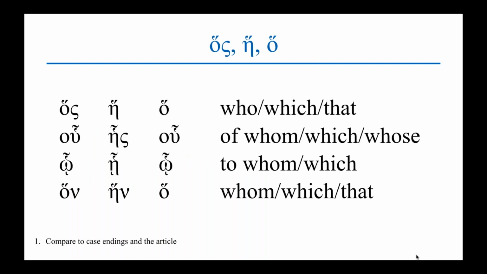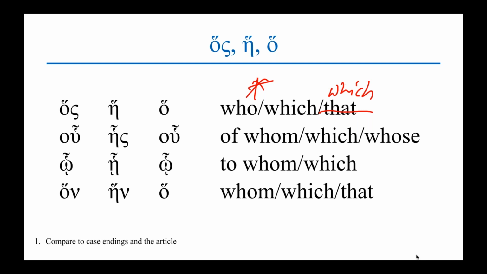All right, so our paradigm for the relative pronoun, you can see here, is basically you just take the endings and put a rough breathing on it. That's what it is. The bigger thing is over here, these translations. So who, which, that, as I said, I would argue for which over here too, depending on the exact context.